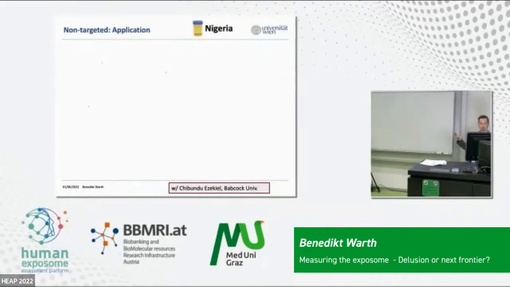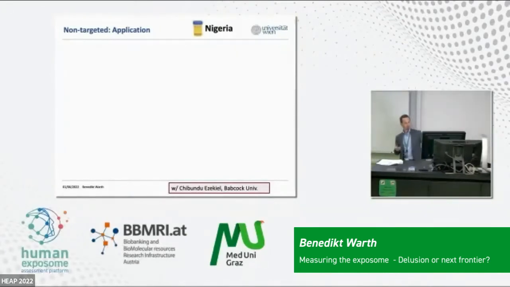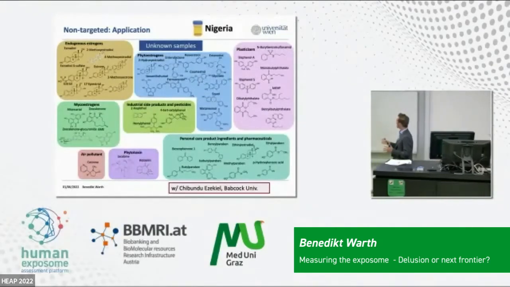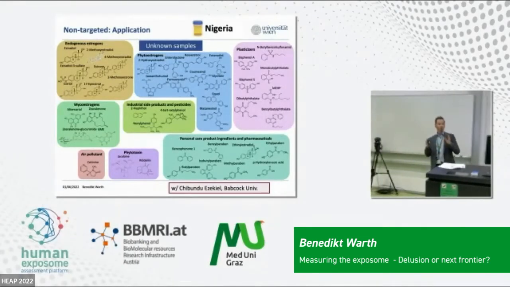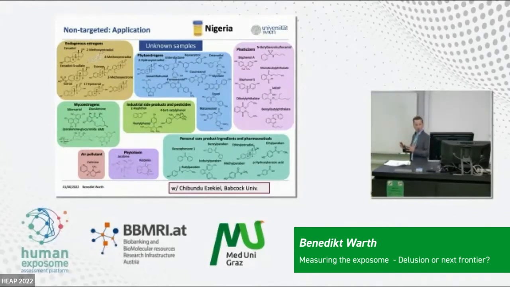And here I just want to show you one example from a couple of Nigerian urine samples that we measured in collaboration with Chibundu Ezekiel from Babcock University, and we could see that it's really feasible to use this methodology to measure, on one hand, endogenous hormones, but also many different xenobiotics, going from plant hormones to plasticizers, personal care products.